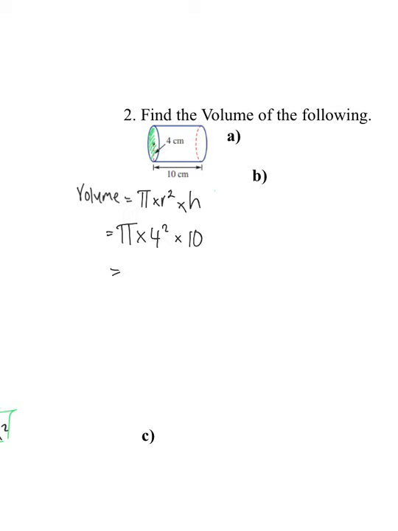Cool, and that'll get us our volume. So pi times 4 squared times 10 equals 502.65. That's centimeters cubed.